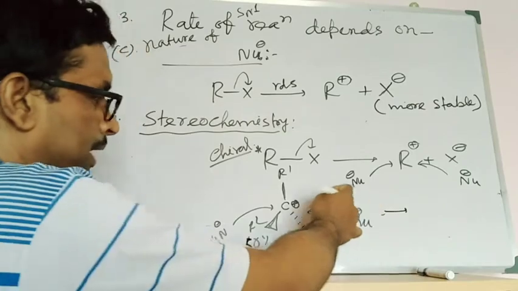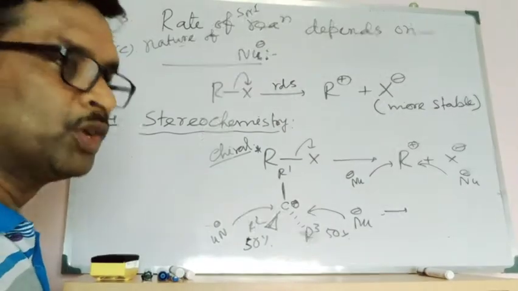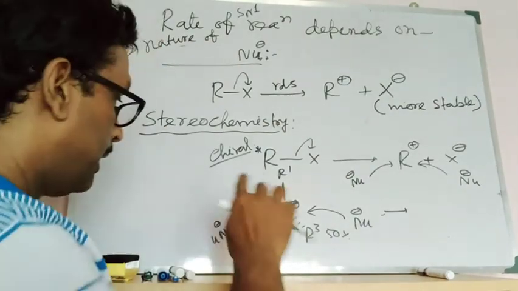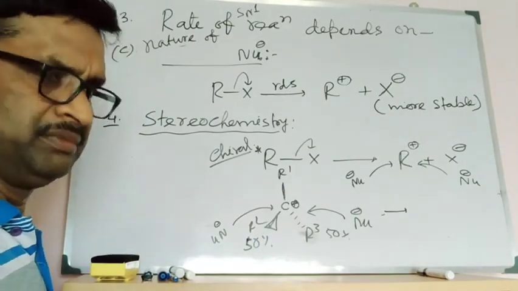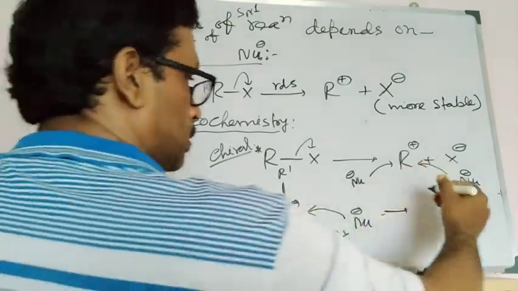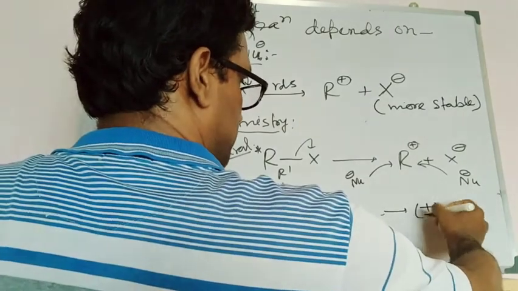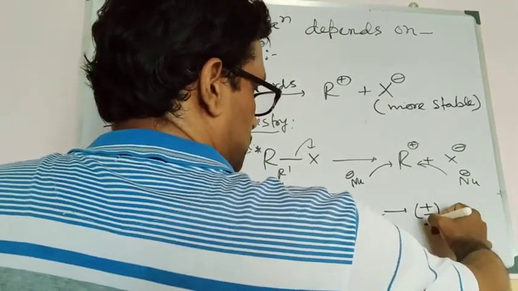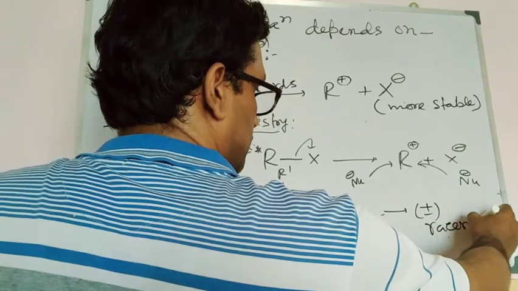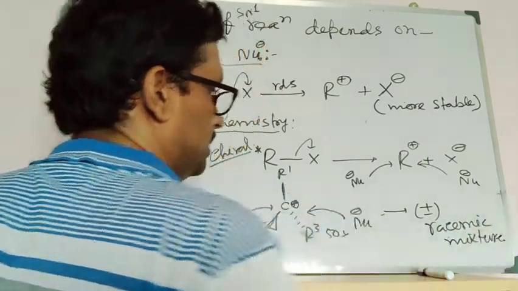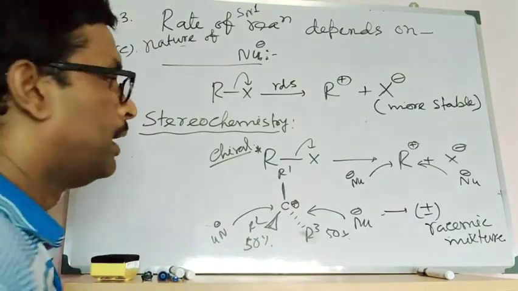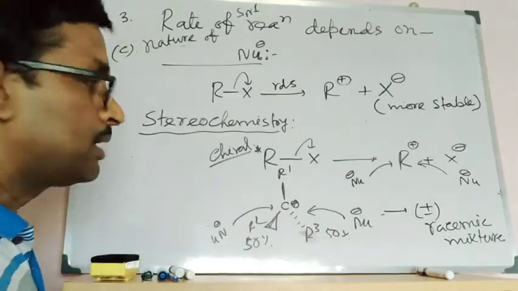If attack from this side gives positive, or capital R, then if the attack is from this side, of course this will be negative, that is levorotatory or S. So we always get plus minus, that means the racemic mixture.